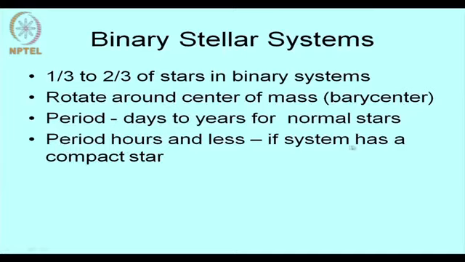So, if you want a small period, the semi major axis of the orbit also has to be small, and the stars also have to be small if they have to orbit in a small elliptical orbit. So, if one of the stars in the system is a compact star, or if both of them are compact stars like neutron stars or white dwarfs, or one of them could be a black hole, then you have periods which could be hours or even less.